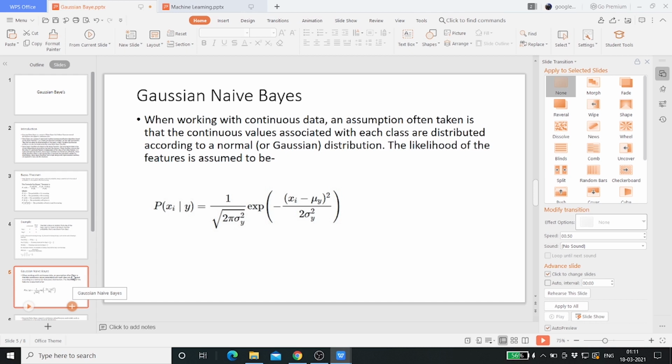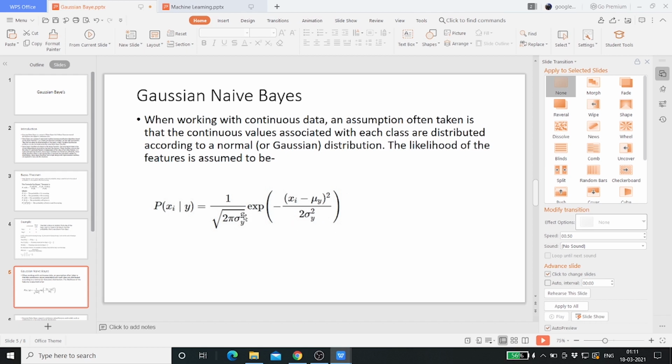Okay, so the likelihood of a feature is assumed to be, the formula is, probability of x1 given y is 1 by root of 2 pi times the standard deviation of the feature y squared, into e power minus z score squared by 2.